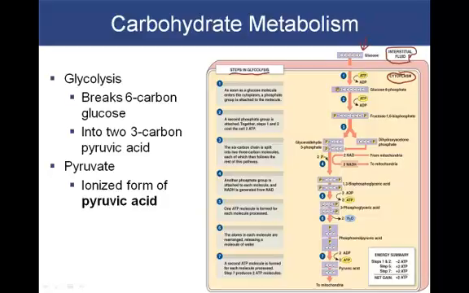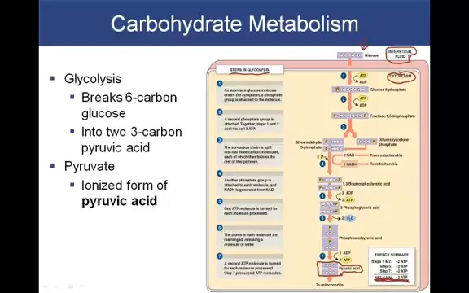But if we look at glycolysis overall, we start with one molecule of glucose. We end up with 2 molecules of pyruvic acid. In terms of energy, we end up with a net gain of 2 ATP.